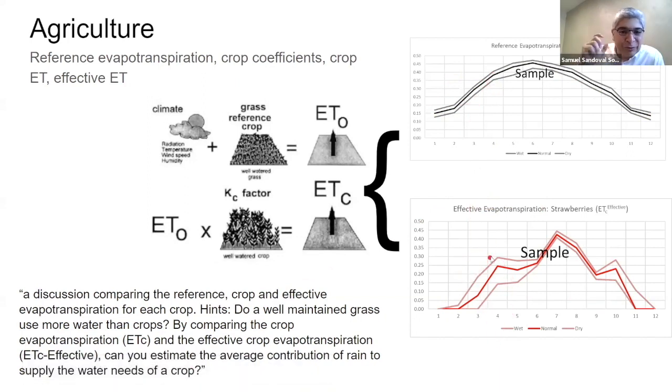That is also to make them think: sometimes we plant grass, and that is using more water than some of the crops we are growing. The difference between the crop evapotranspiration and effective is how much water is provided by precipitation. And then we ask them how much of that water is coming from that.